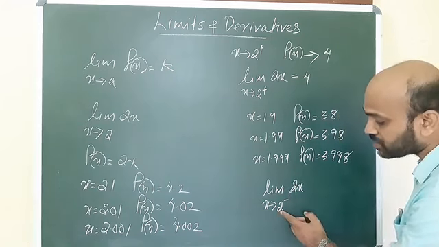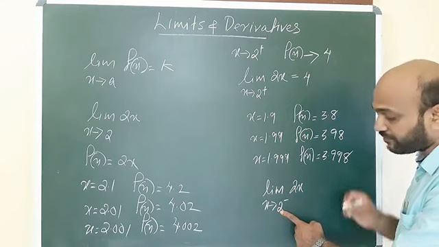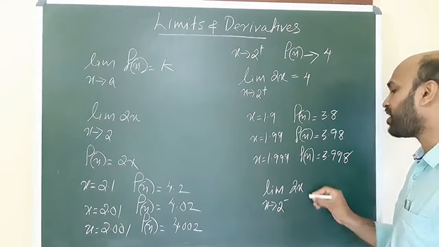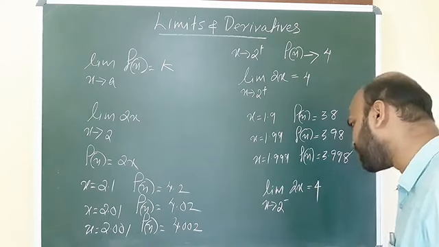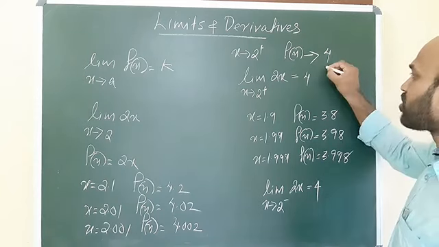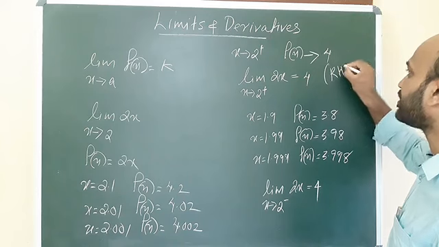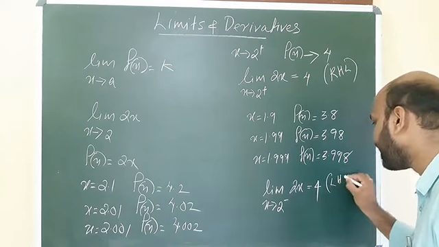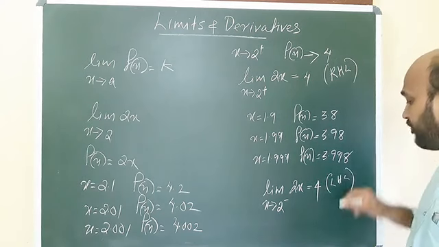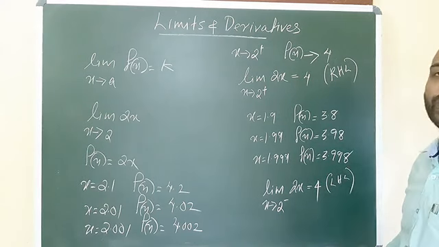When x takes values very near to 2 from the left hand side of 2, 2x takes values very near to 4. So we will write the equality symbol. This one is called the right hand limit, RHL. And this one is the left hand limit. So you can see that the left hand limit is equal to the right hand limit.